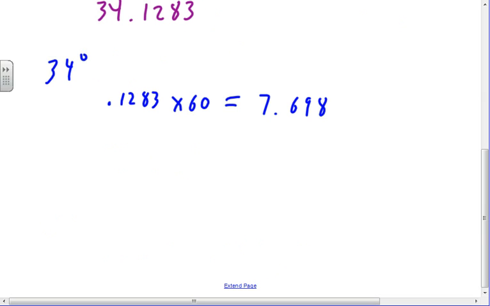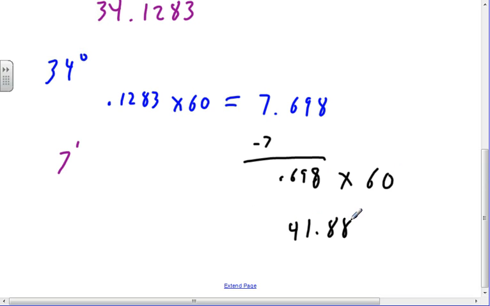So I'm going to write down 7 minutes. Then I'm going to subtract 7 from that, which gives me 0.698 left over. I'm going to take that 0.698, multiply it times 60, and I'm going to get 41.88. And I'm going to write down 42 seconds.